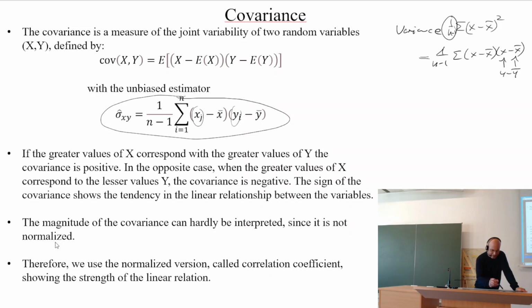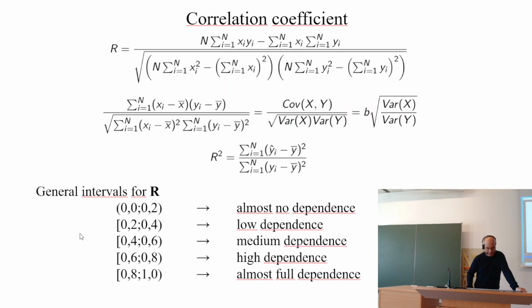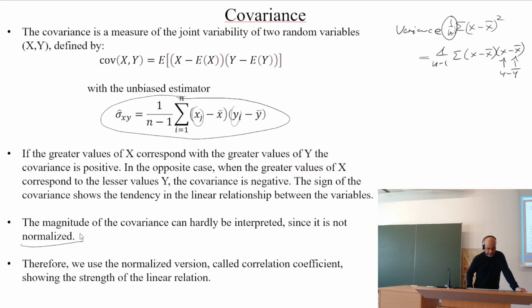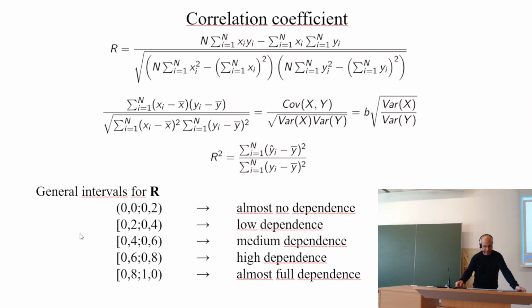And therefore, they normalized this number, and the normalization is then just that we divide this by the standard deviation of x and the standard deviation of y, in order to have the same units.